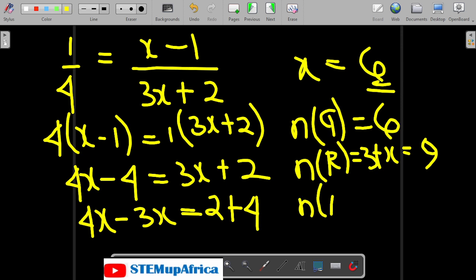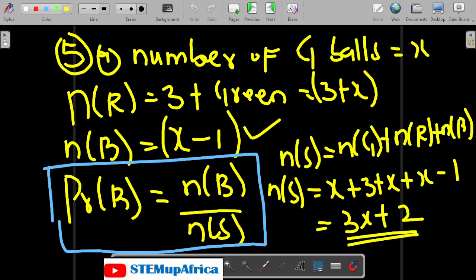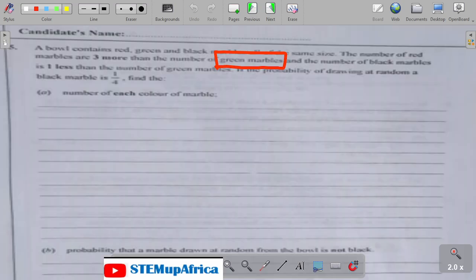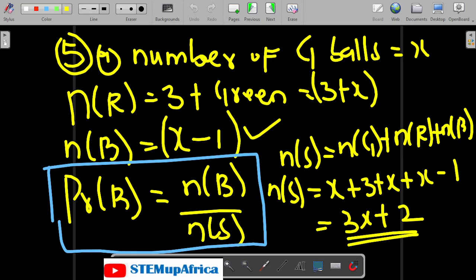And the number of black balls is x minus 1, that gives us 5. So the bowl contains 6 green balls, 9 red balls, and 5 black balls. So to find the number of each color of marble, there are 9, 6, and 5. That's the number of marbles in the bowl.